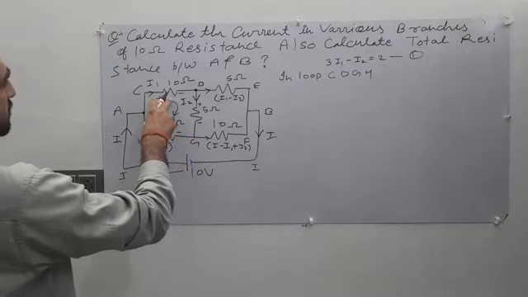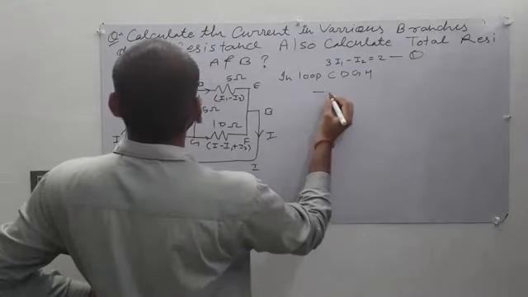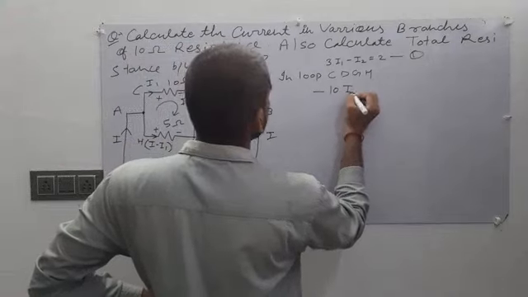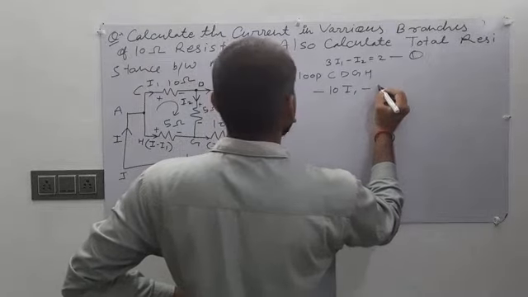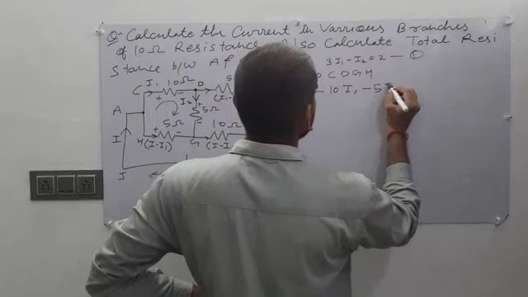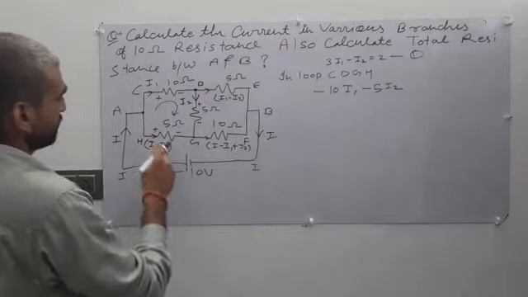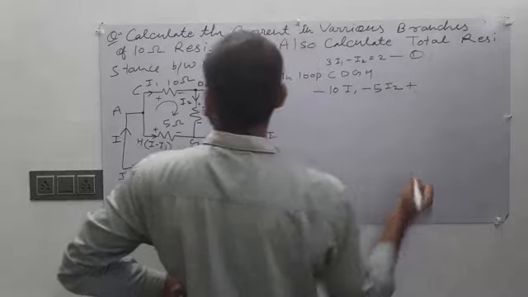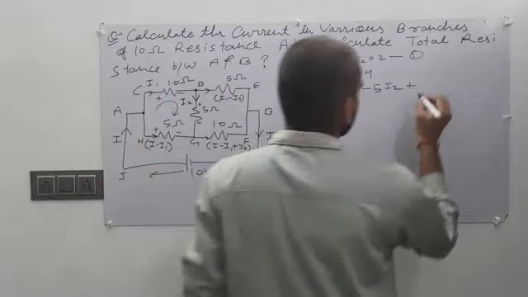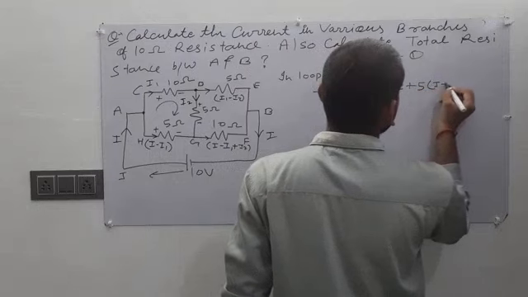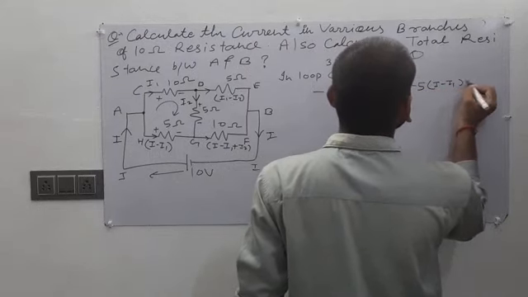The voltage drop in this branch is minus 10 I1 minus 5 I2 plus 5 (I minus I1) plus 5 (I minus I1) equals 0.